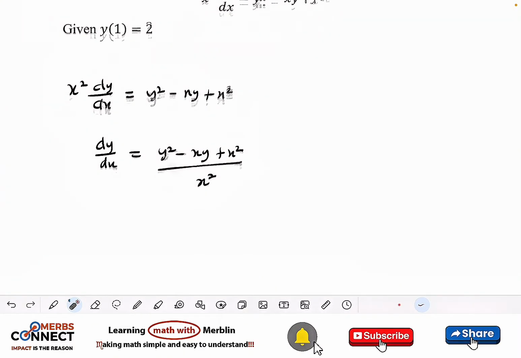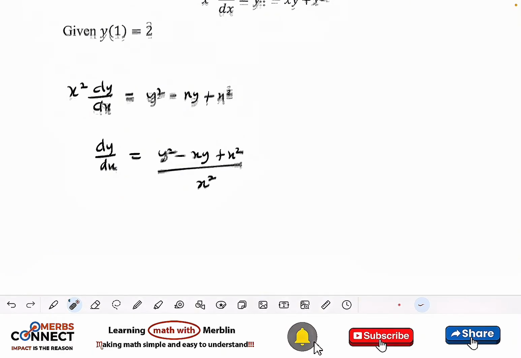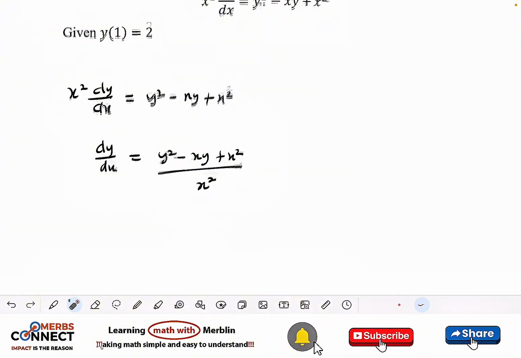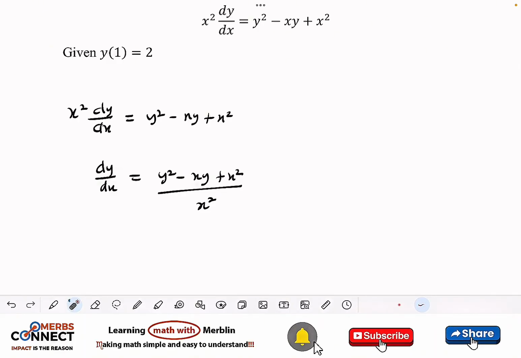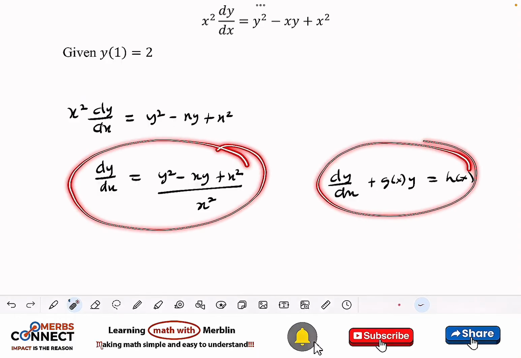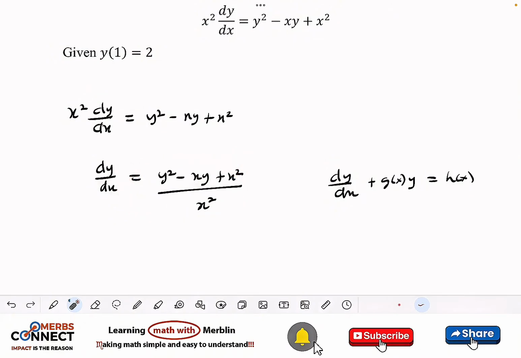Now let's assume that we don't know that this is homogeneous, and we need to check. Anytime you see a differential equation question, the first thing to think about is whether it is a linear differential equation. This is not linear, because linear should be in the form dy over dx plus p of x times y equals q of x, and there is no way we can write this in that form. So linear is out.